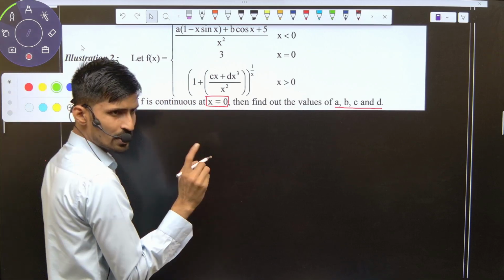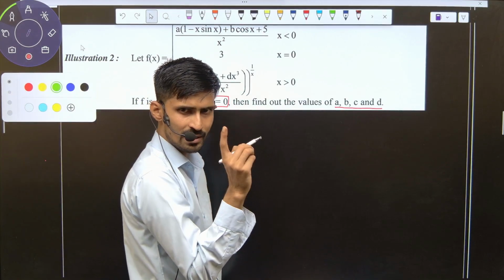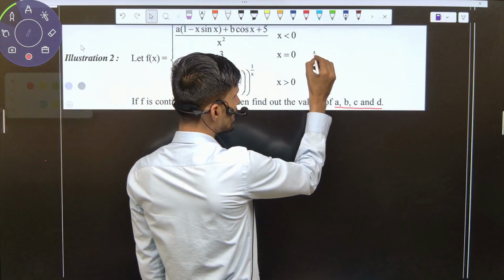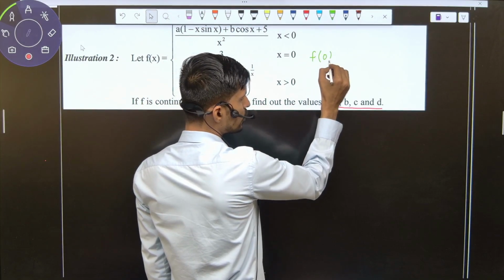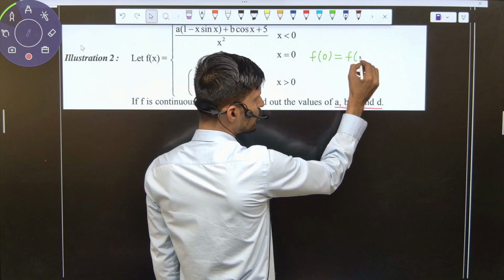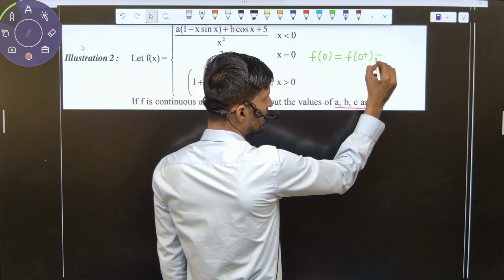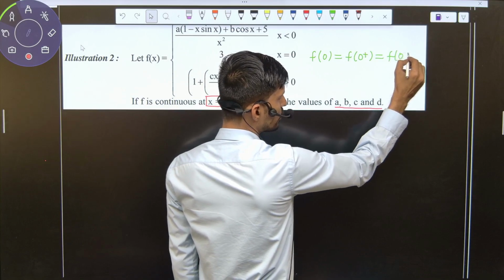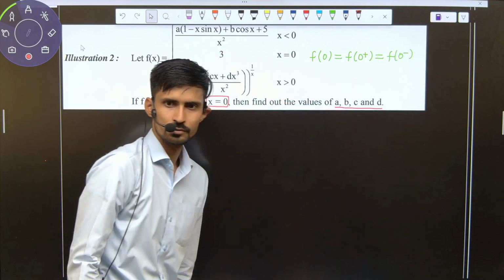Function is continuous at x is equals to 0. What does it mean? It means f of 0 value, f of 0 plus value, and f of 0 minus value all are equal.